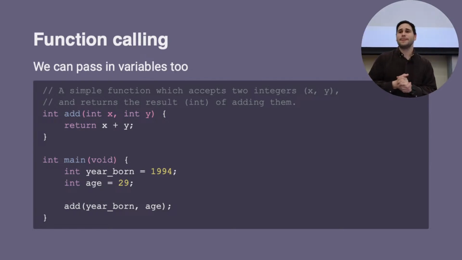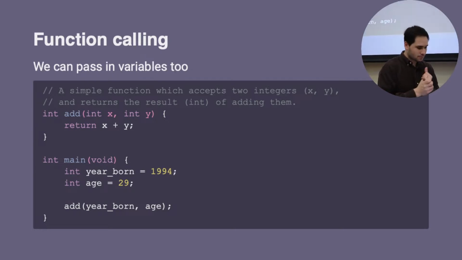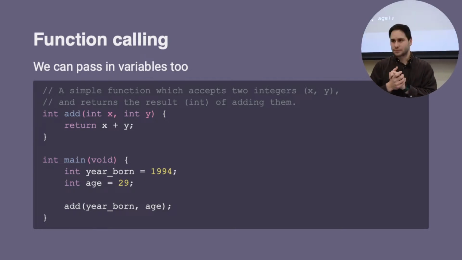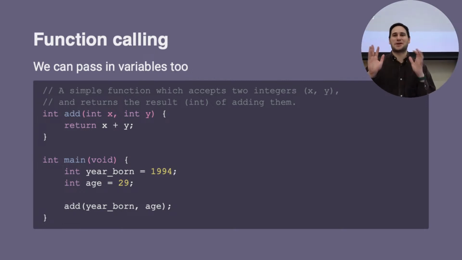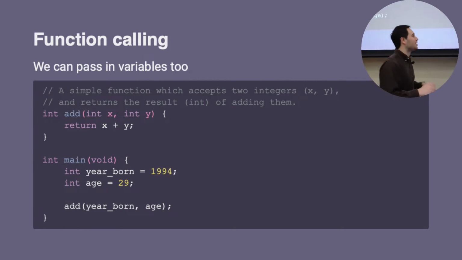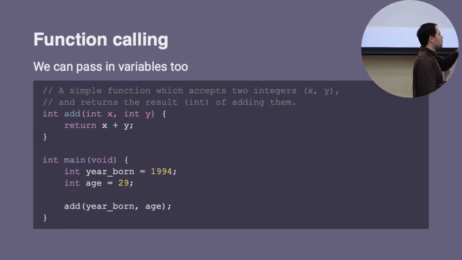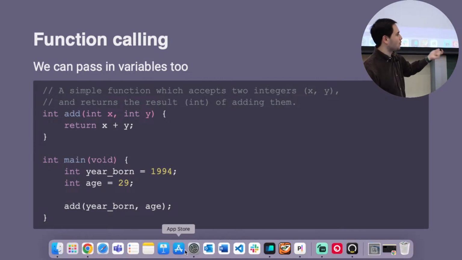You know how you define int X and int Y, so it's going to add int X and int Y. Does that mean because you use year born and age, can I apply any variable? Absolutely. Whatever the input into the function. You guys have to remind me to repeat the question. It's a bad habit. The question was, we've defined the function's input to be int X and int Y, but I'm calling it with year born and age.